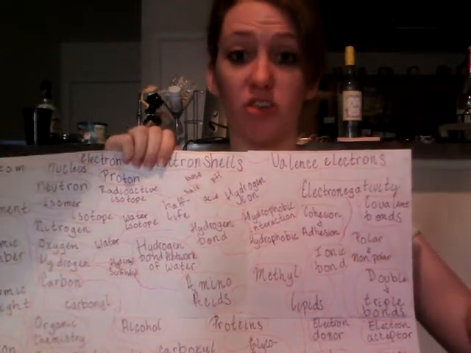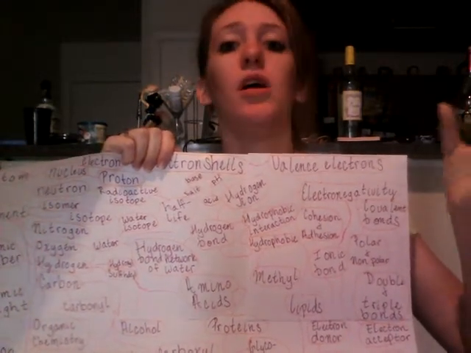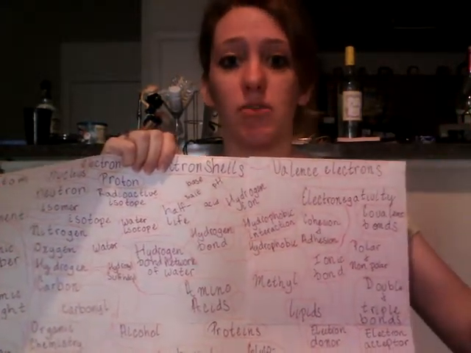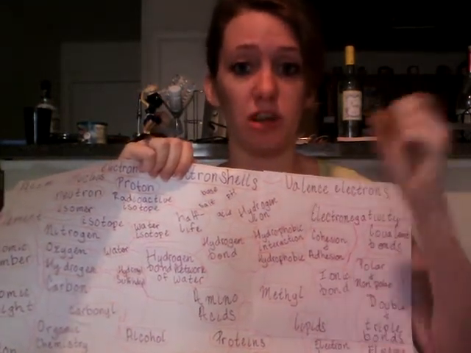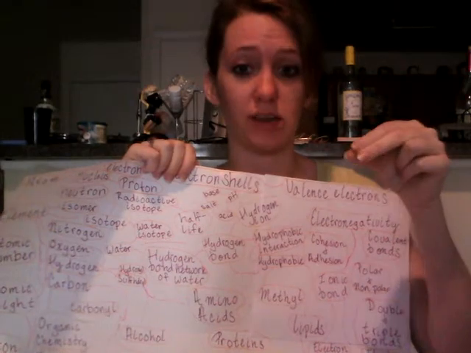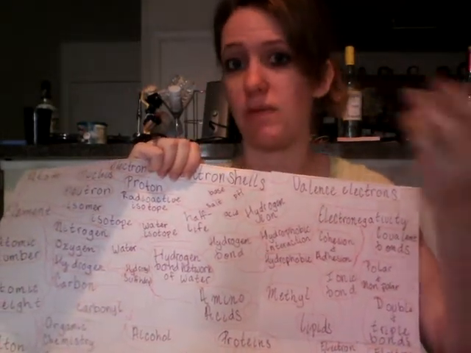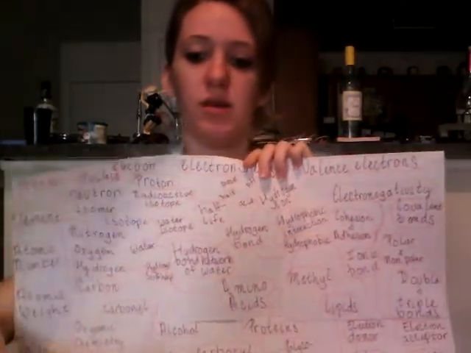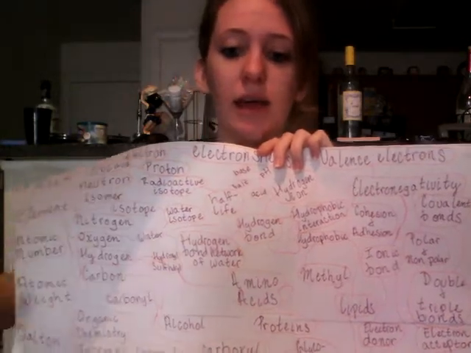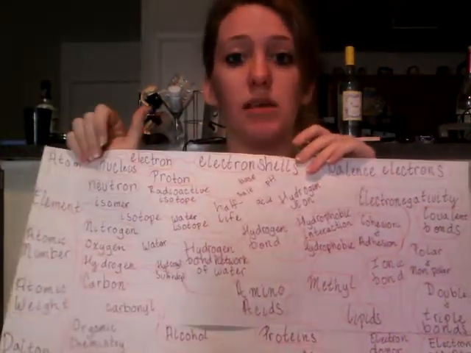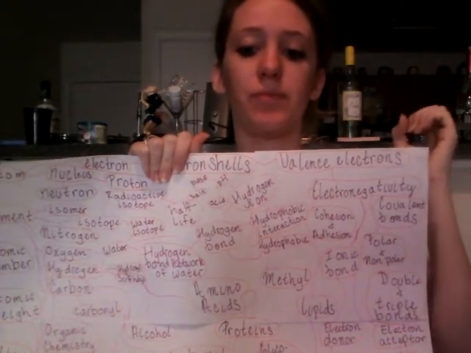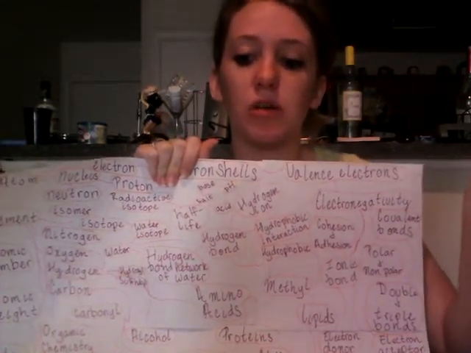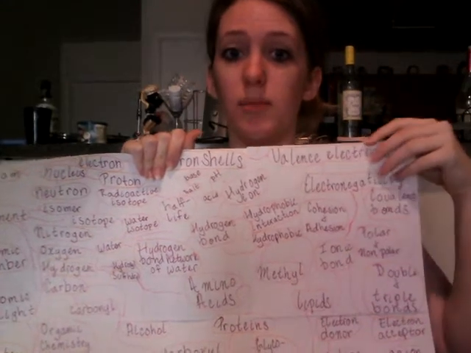Hydrogen bonds are the attraction between polar molecules. So it's like I was talking about earlier, where the hydrogen and the oxygen in two different water molecules are attracted to each other just because opposites attract. And then hydrophobic interactions is what I was talking about earlier as well, the attraction of nonpolar molecules in the presence of water.